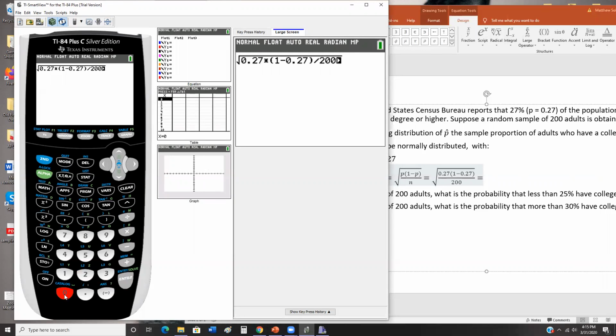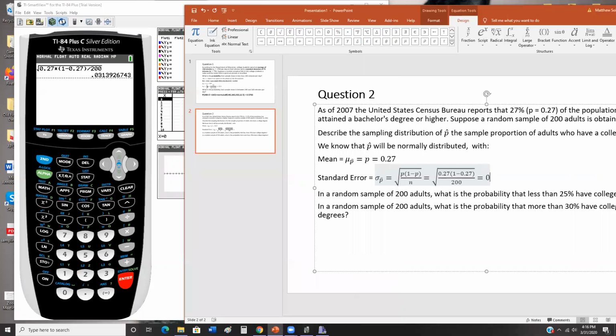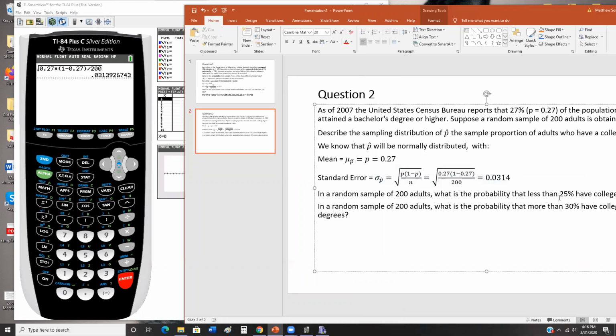Now, if you have a TI-83 calculator instead of a TI-84, you have to be careful. It's going to start with a set of parentheses, and you're going to have to end the set of parentheses. And you should get this number here: 0.0314 when I round it to 4 decimal places.